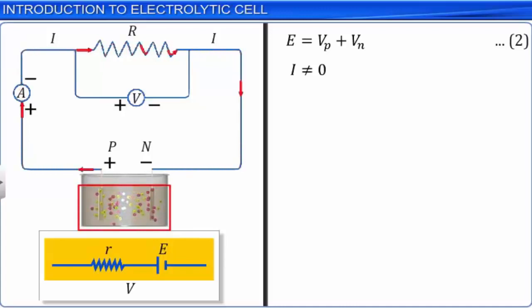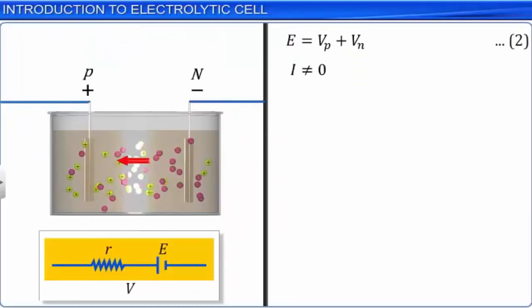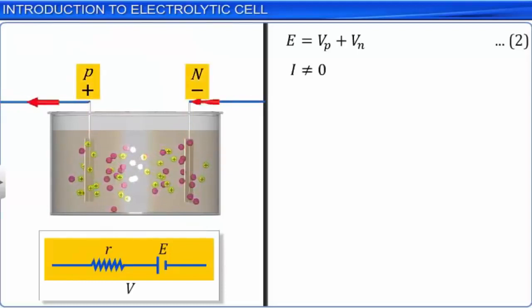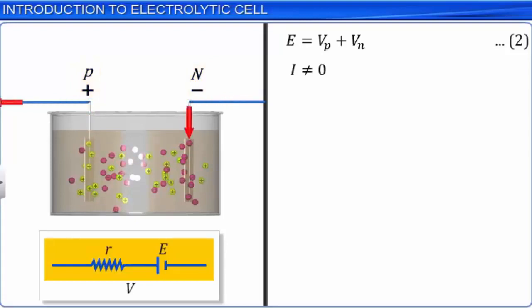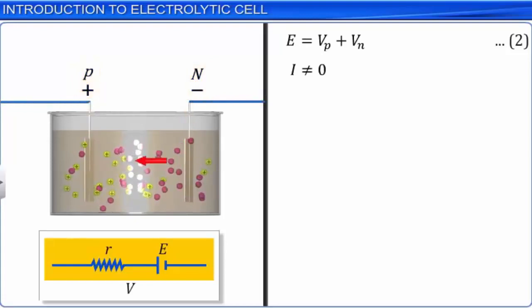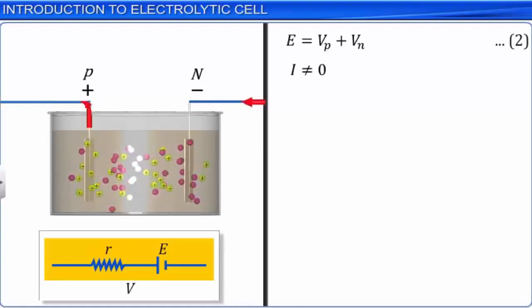The electrolyte has a finite resistance r, called the internal resistance of the cell. According to convention, the current from P to N through the circuit is positive. As the current I in the electrolyte is from N to P, the current through the electrolyte is taken as negative.